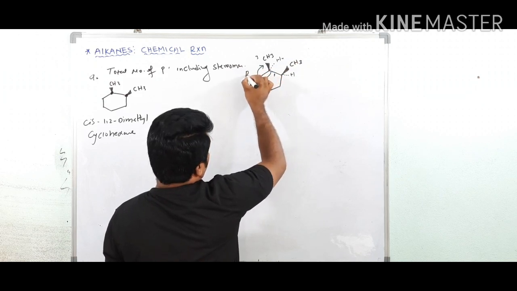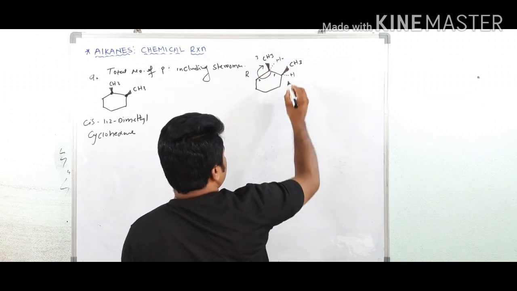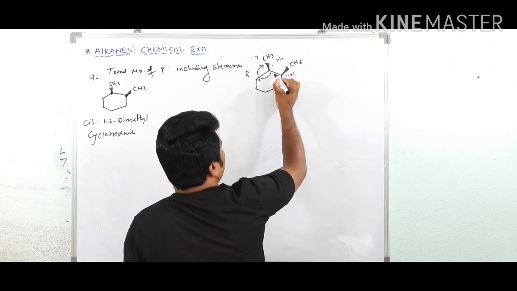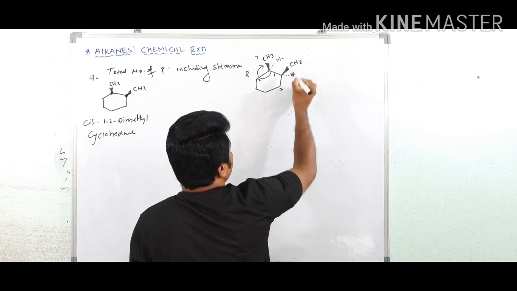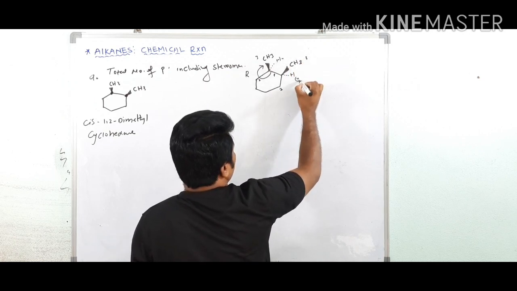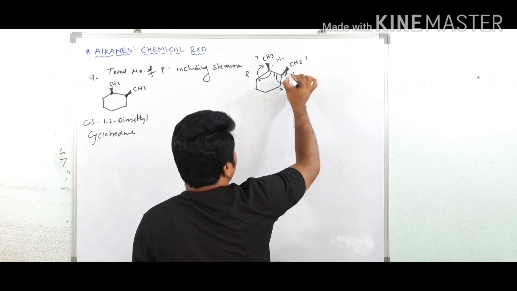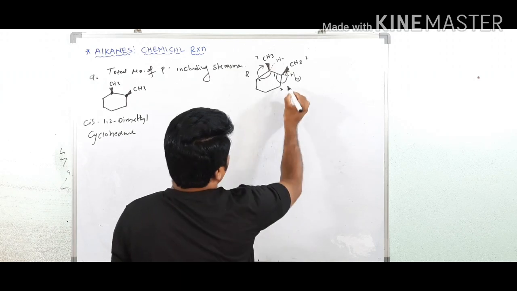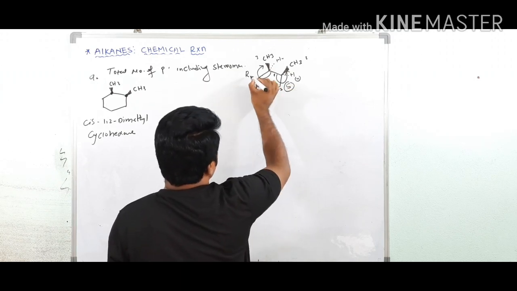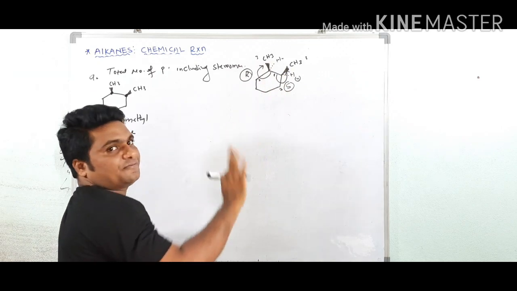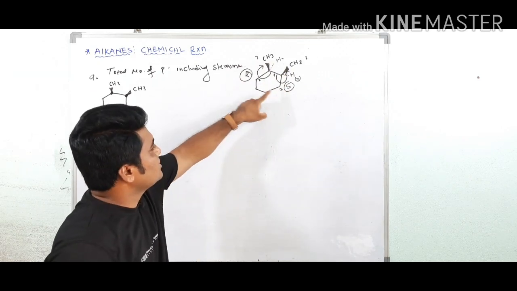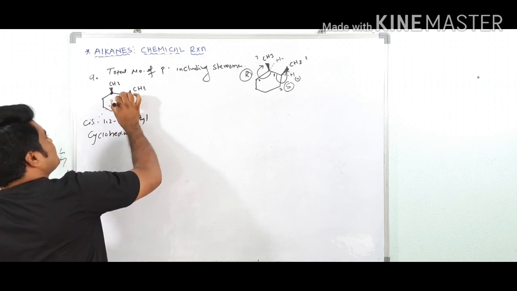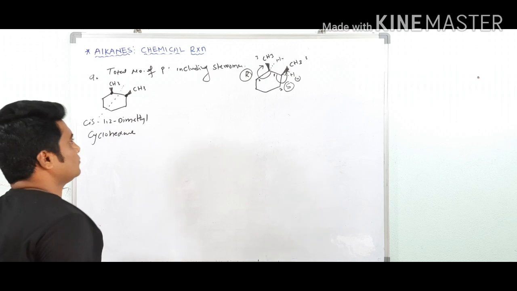Now see here, higher priority 1 here, this is 2, this is 3 and this is 4. So this is 1, 2, 3, anti-clockwise, so you are getting S. So stereochemically these two carbon atoms are different. This is R and this is S. That's why it is optically inactive. There is a plane of symmetry.